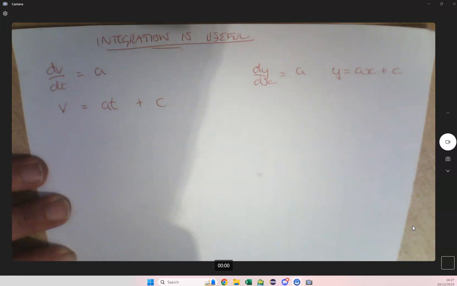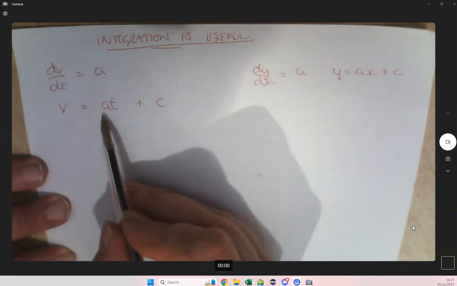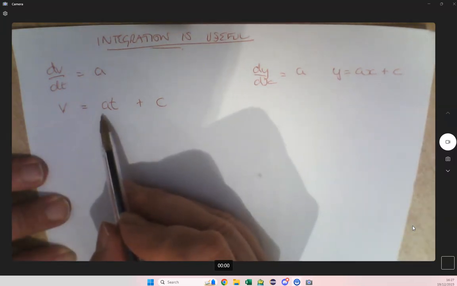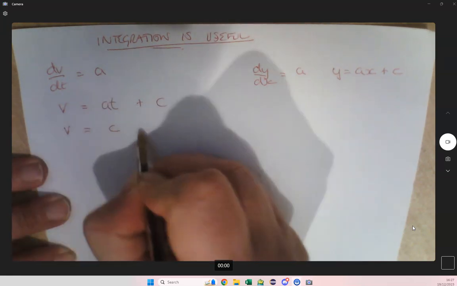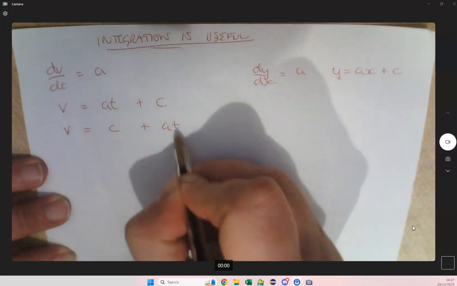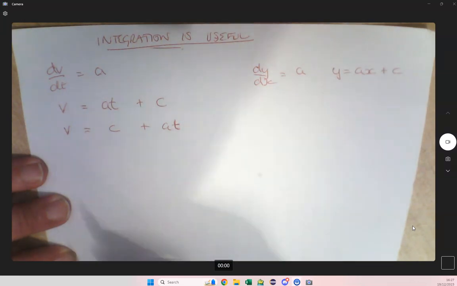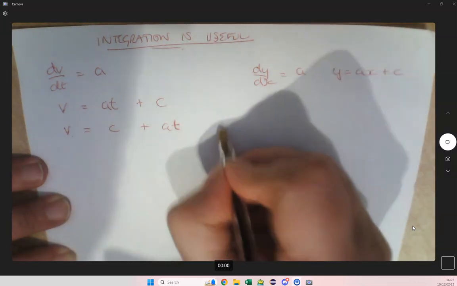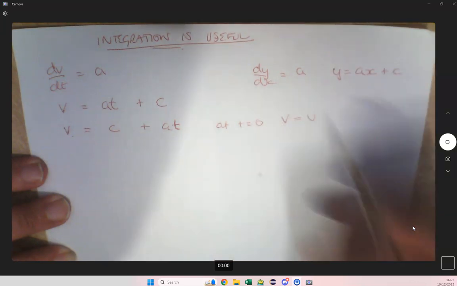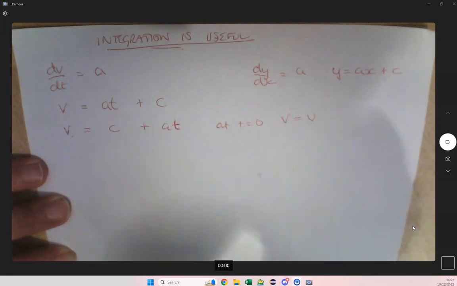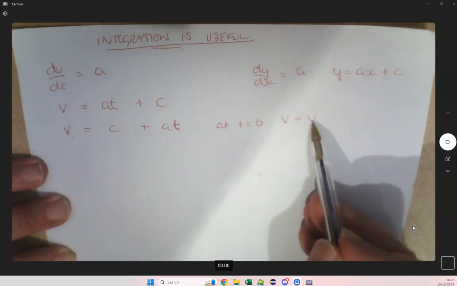Now, this doesn't look particularly surprising, but if we rearrange it ever so slightly, I've got c plus at. Now I know that if at time t is 0, my velocity is going to be equal to my initial velocity.